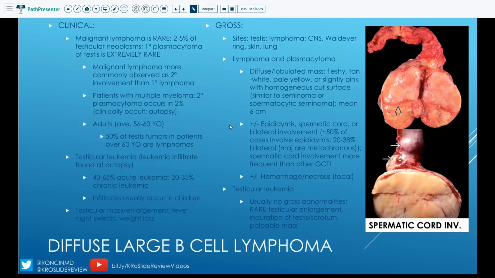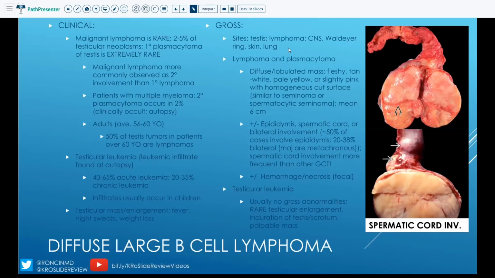And as a general rule with lymphomas, plasmacytomas, leukemias involving the testes, the patients will have testicular masses or enlargements. They may have fever, night sweats, as well as weight loss. Apart from the testes, testicular lymphoma really likes to involve CNS, Waldeyer's ring, the skin, as well as the lungs. So it has some unusual presentations associated with it.